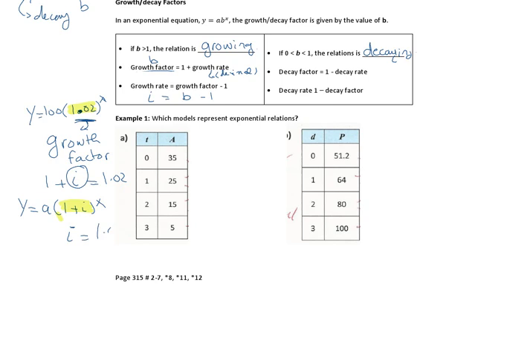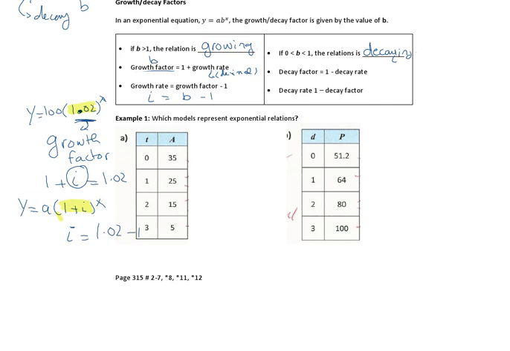To find the growth rate, you take the growth factor, which is 1.02, and take away 1 from it. Make sense? Are we okay with this?